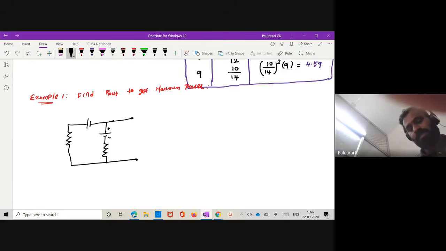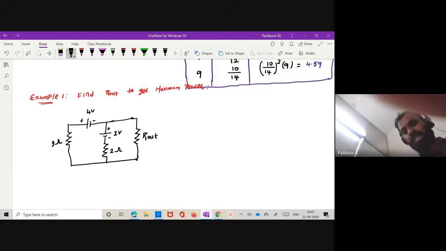There is a 2 volt source and a 2 ohm resistor, then a 4 volt source and a 3 ohm resistor. And here R out is connected. I don't know the value of this R out, but this time I want to calculate this R out in order to get maximum power.